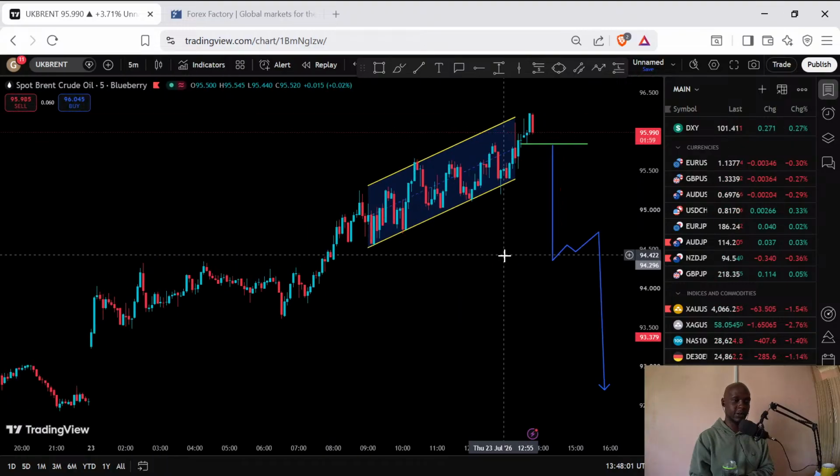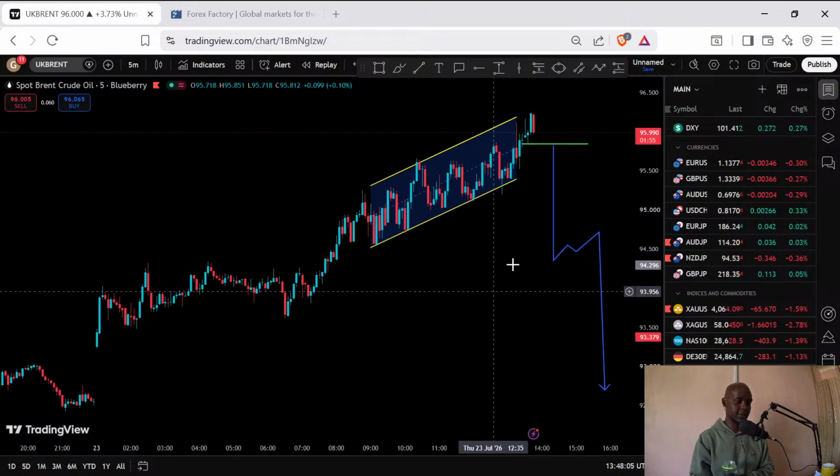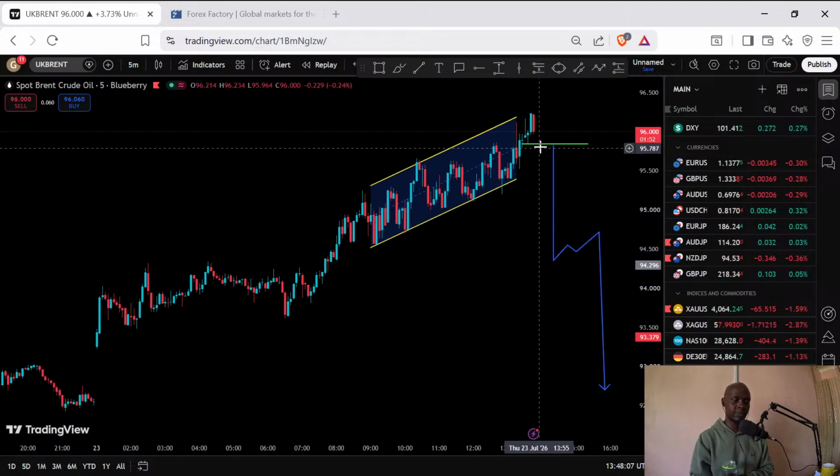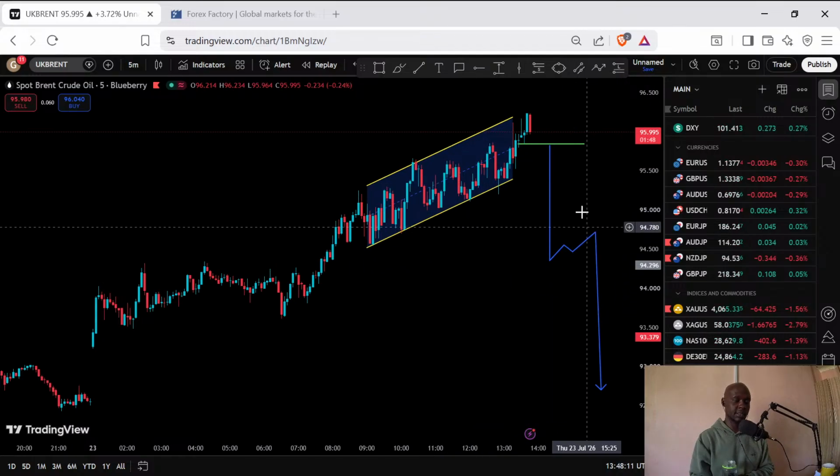Right now my focus is on crude. I'm waiting for the selling pressure to break this floor. So I want to see 2 strong bearish candles, then I can start to look for entries on the pullback.